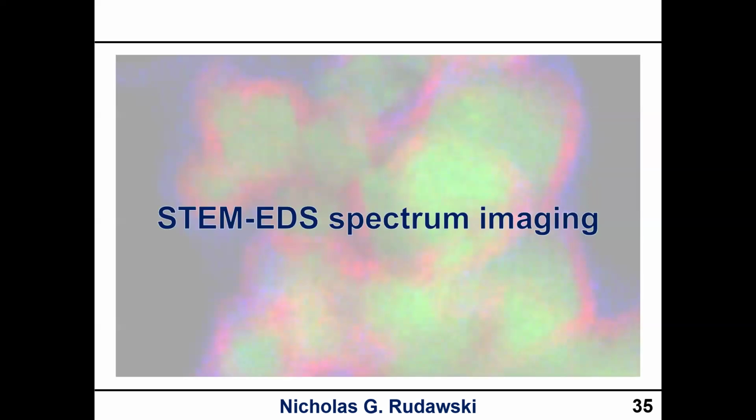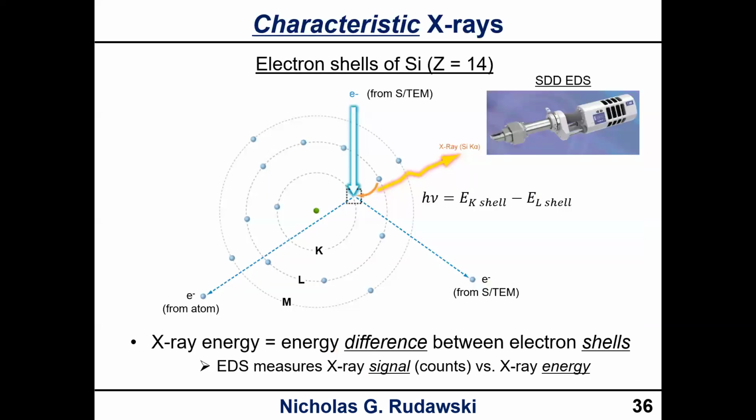All right, and then last is STEM-EDS spectrum imaging. Okay, so just to briefly review this, we're talking about the generation of characteristic X-rays. If I have an atomic model of silicon here, and I take an electron from my STEM, it comes in and knocks out a K-shell electron from my silicon, so I cause ionization, okay?